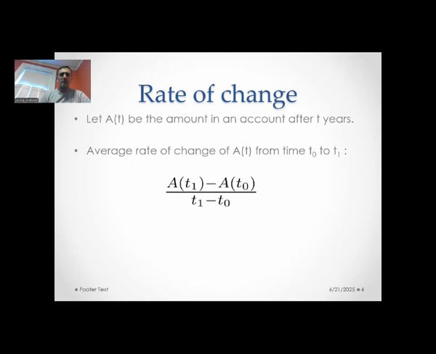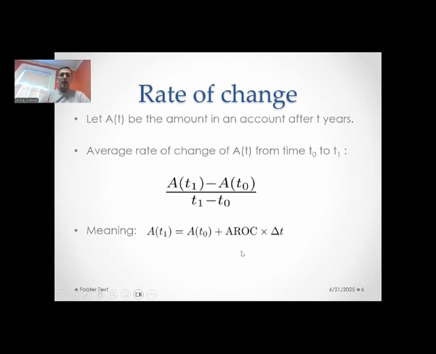All right. And practically, what does this mean? It means that the amount you have at your second time, t1, is given by the amount you have at t0 plus the average rate of change times the change in time.